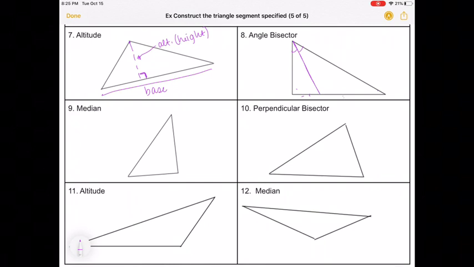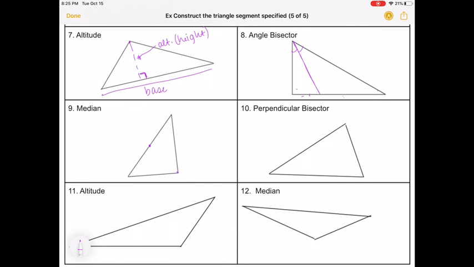All right, median. Think of a median like in a road, they're in the middle. It's going to be a segment that goes from the vertex to the midpoint of the side opposite it. So I'm going to go across to this one, and I want to plot my point first of where it is in the middle.